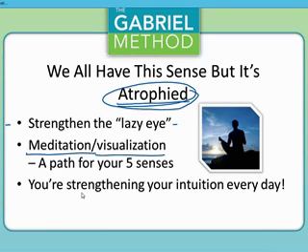In other words, if you're sitting awake and conscious and you're not looking at anything, you're not listening to anything, you're not moving, you're not paying attention to any type of smells, then what happens is you quiet down, and that sixth sense, which has gotten so weak, starts to activate and get stronger. And that's the sense that you use when you're meditating. And so meditation is basically strengthening your sixth sense.